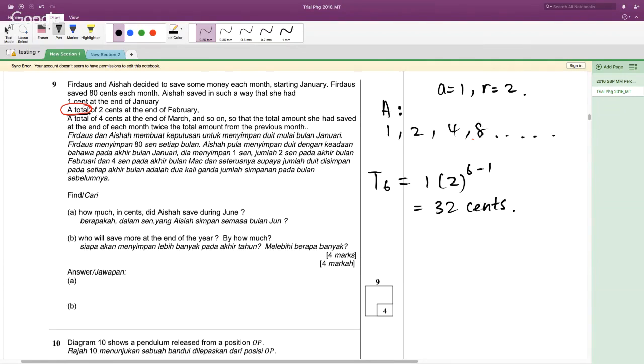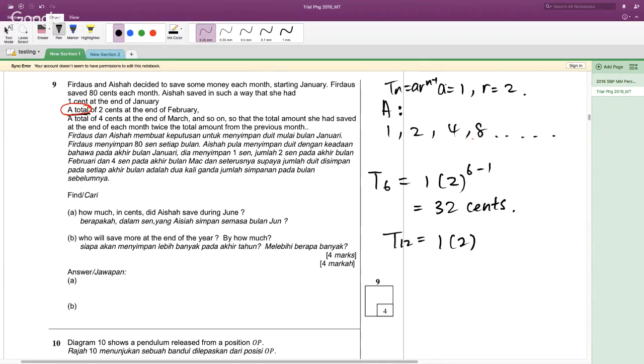So now the second part, who will save more at the end of the year? That means end of the year, if I find for A, I just do T12. Because T12 actually means the sum from the first month until the 12th month, because the total actually means the total saving. So I will do T12. T12 basically is A and then R, ARn minus 1, right? This is just the formula.